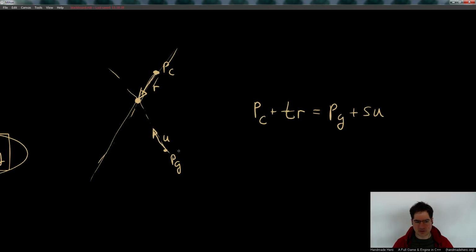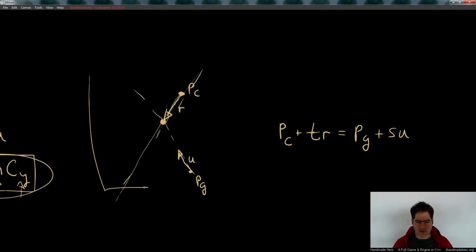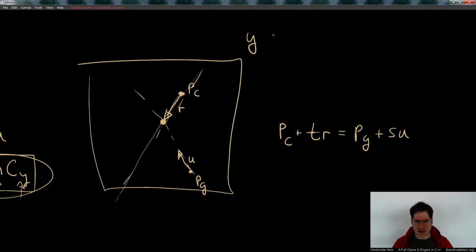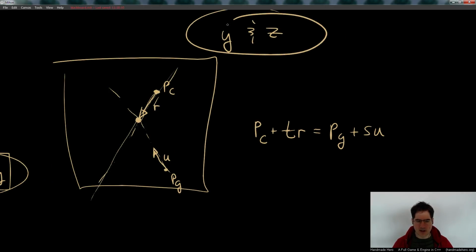This is actually quite straightforward because this equation is in Y and Z. I've got Y in this direction, and Z in this direction.